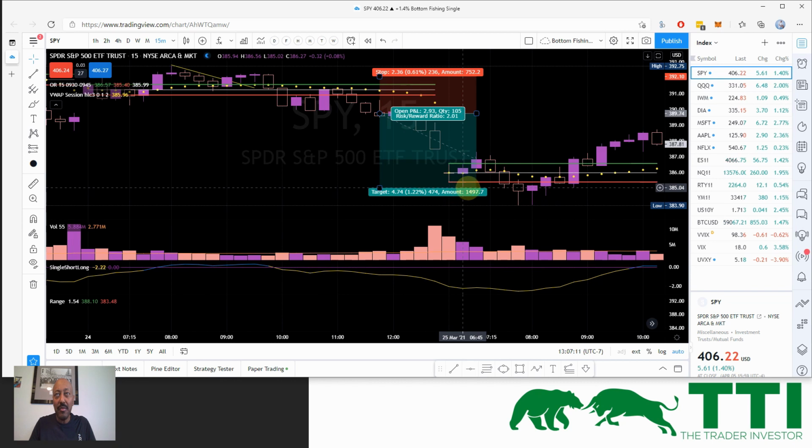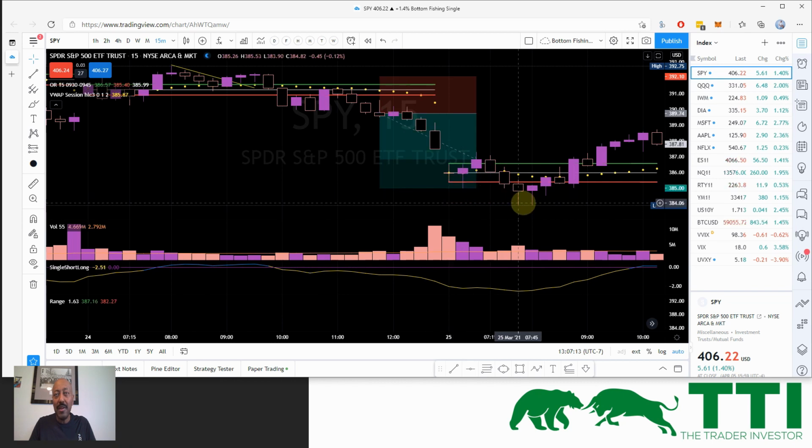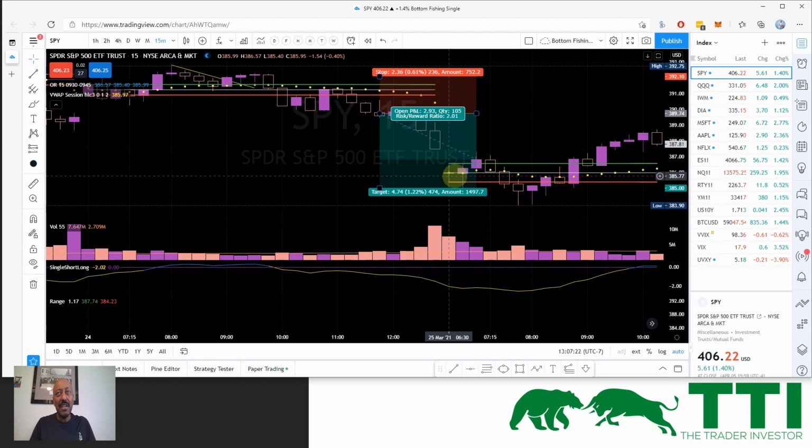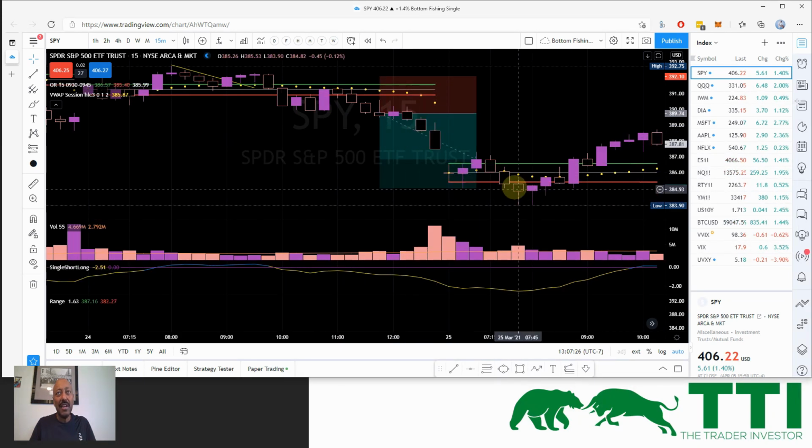But not right away. It took some time, but we finally got it. That's why I like to enter at the break, but because of where the VWAP is on this day, it took a while for this exit to materialize. But that's okay, because sometimes that's part of the game. So I just wanted to add the short side for you as well.